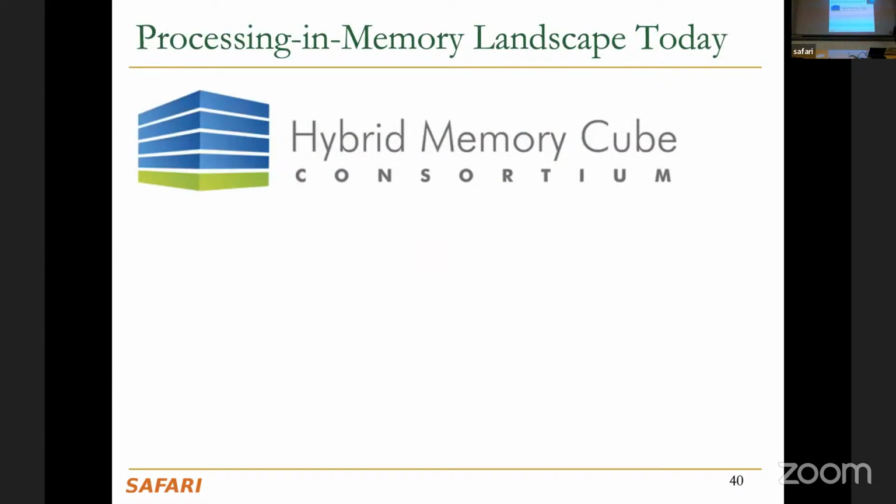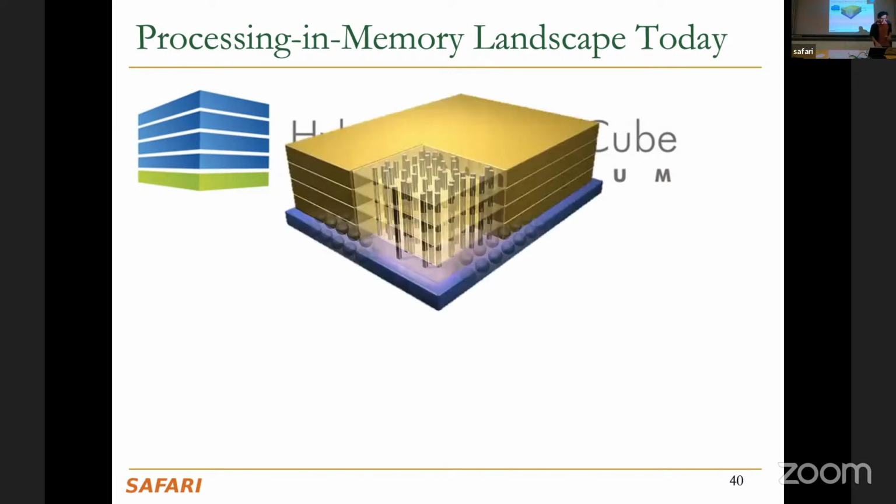In terms of memory technology, we see that the industry, and also academia, but industry is taking steps towards fixing the issue with memory scaling. The Hybrid Memory Cube was a good example at its time, designing a DRAM memory that is composed of multiple layers. At the bottom of it, we have a logic layer that has memory controllers, and this way we can access data with much higher bandwidth than in a conventional 2D memory.